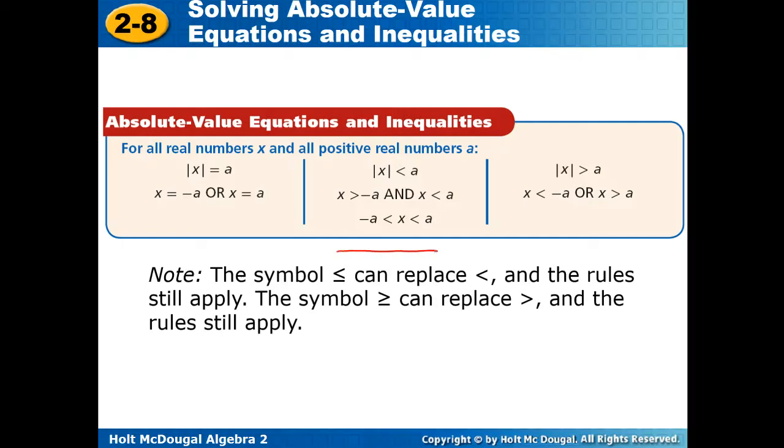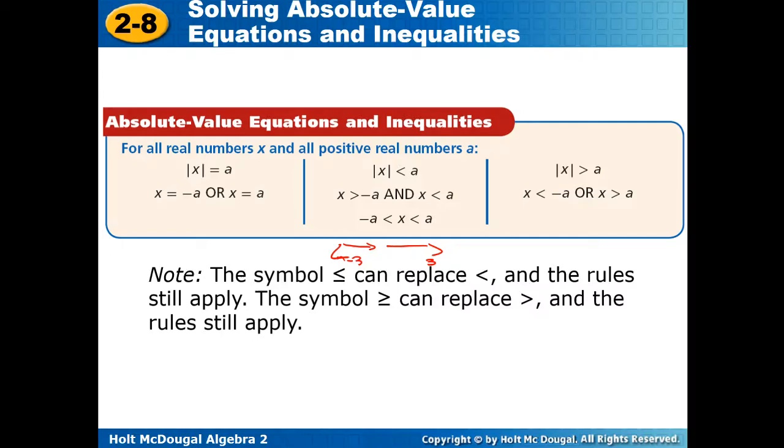Again, if you think about it on our map here, let's say this is negative 3 and this is positive 3. Again, x is going to be greater than our negative 3 and less than our positive 3.